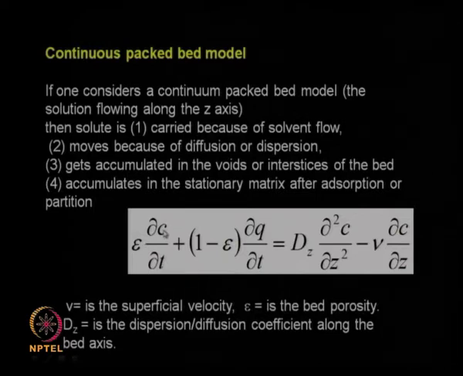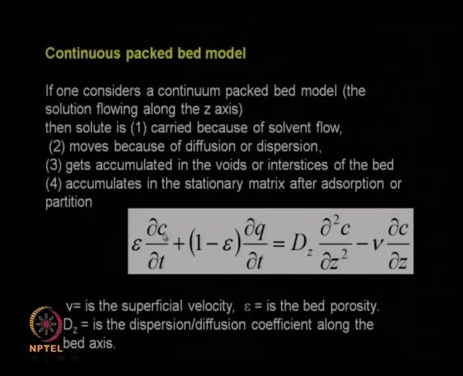Now C is the concentration of the solute in the mobile phase, whereas Q is the concentration of the solute in the adsorbed or in the stationary phase, okay. Now epsilon is the voidage, that is voids, and 1 minus epsilon is obviously the amount of solids present, okay.